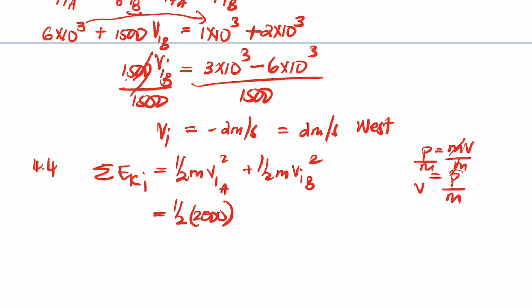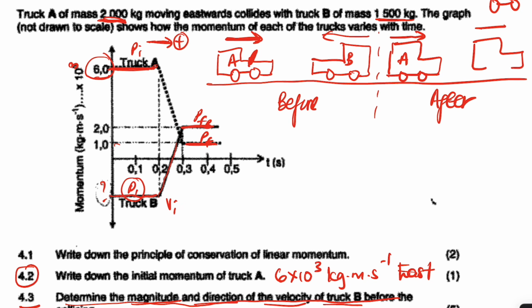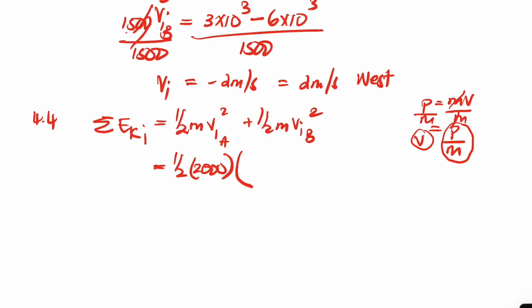So in the place of the velocity, we're going to say momentum. What is the initial momentum here? It's 6 times 10 to the power 3. We divide by mass. The mass of A is 2000. And then we square. That's going to be our velocity.